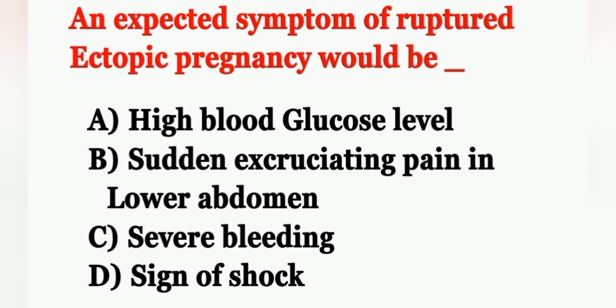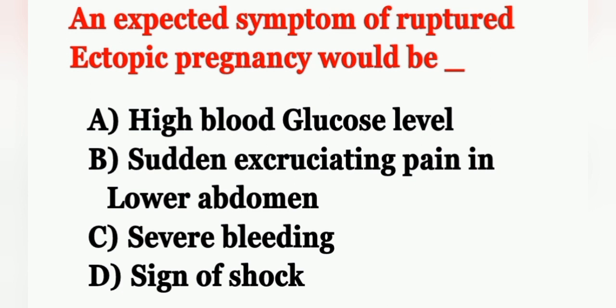The next question: an expected symptom of ruptured ectopic pregnancy would be. Option A, high blood glucose level. Option B, sudden excruciating pain in the lower abdomen. Option C, severe bleeding. And option D, sign of shock.